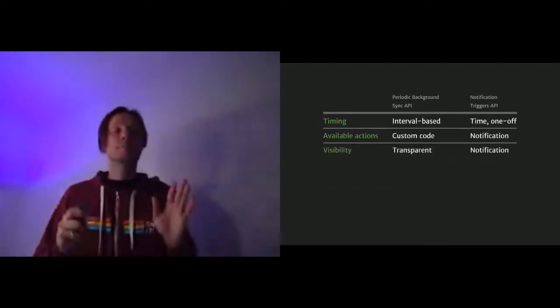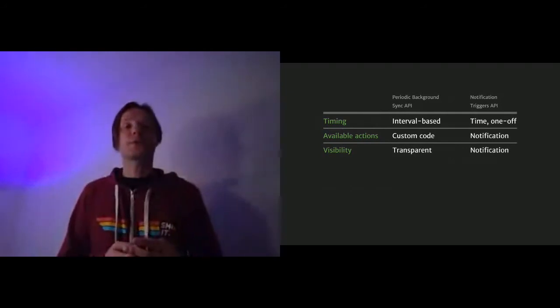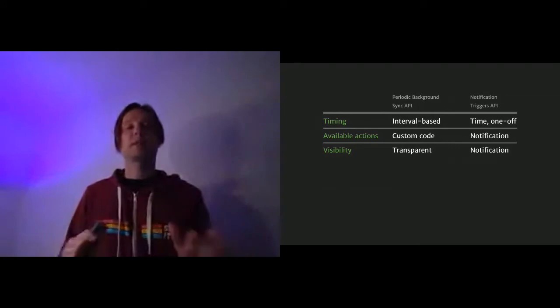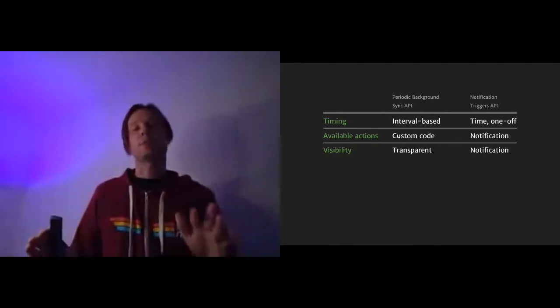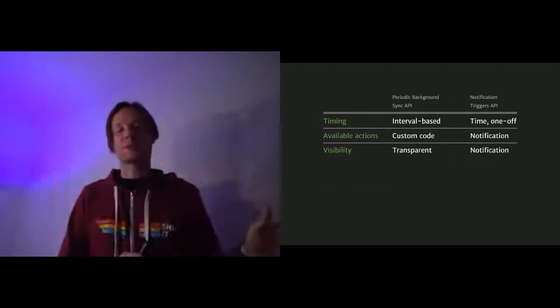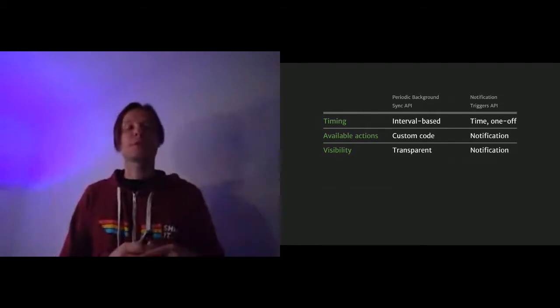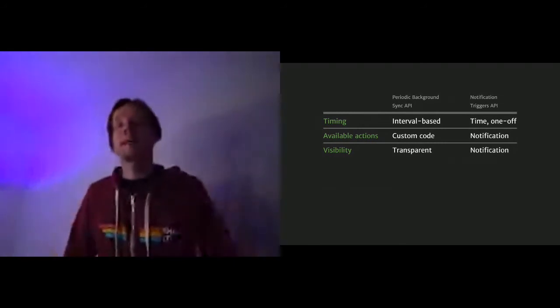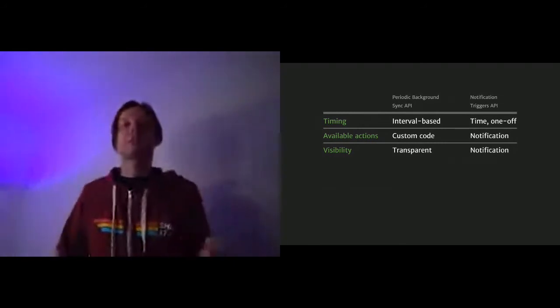Next, what can our user see? In case of PBS, it's completely invisible. So what we do under the hood is invisible for the user in the majority of scenarios, and maybe by design.